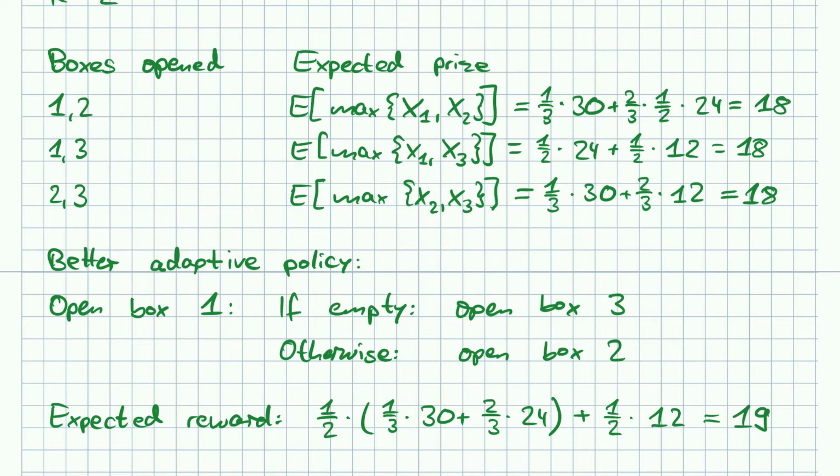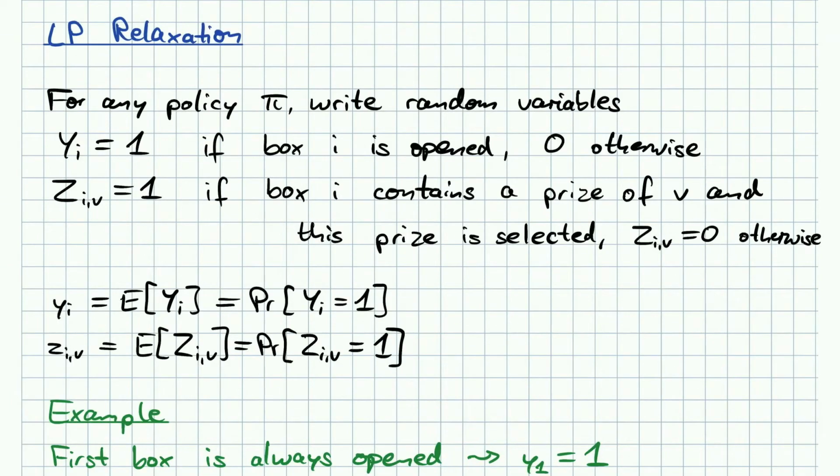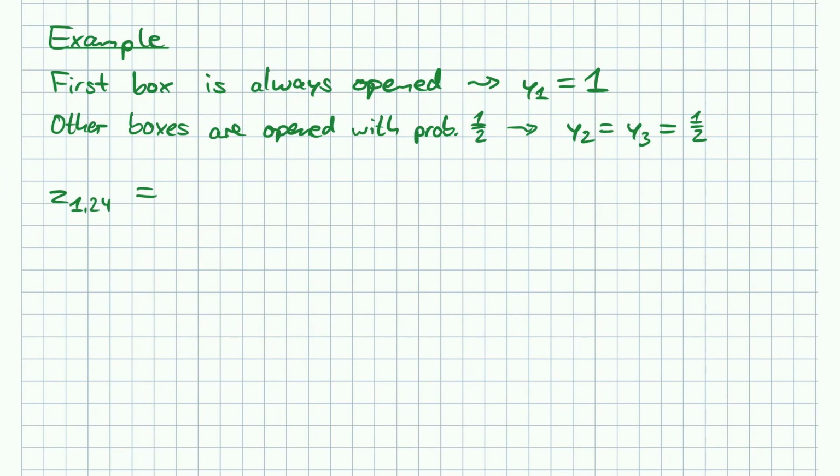And you can also see the other probabilities here. So this is why we are getting that this z_{1,24} is a half times a third, times 2/3. So this will be a third.